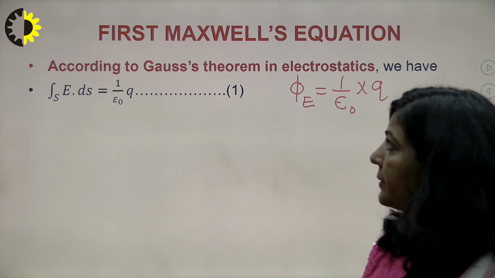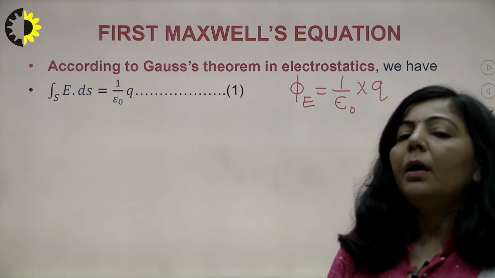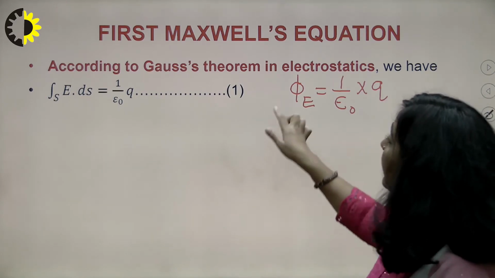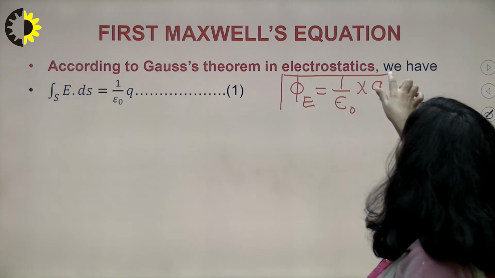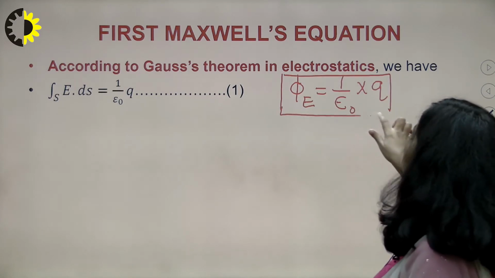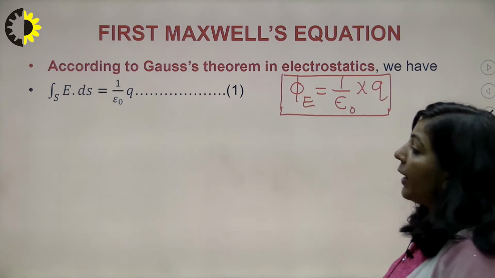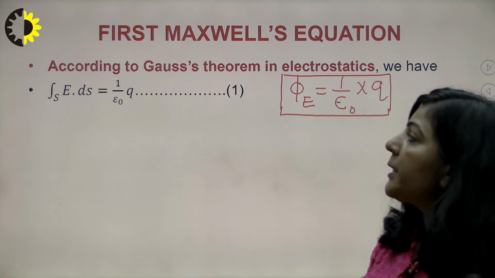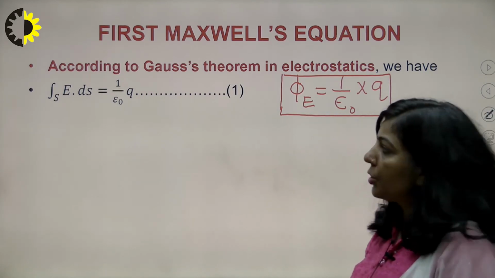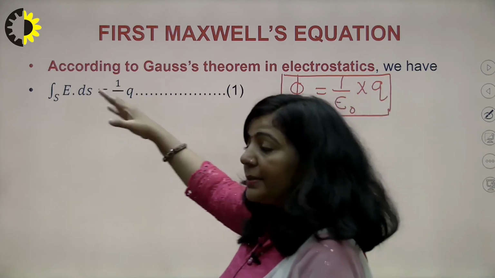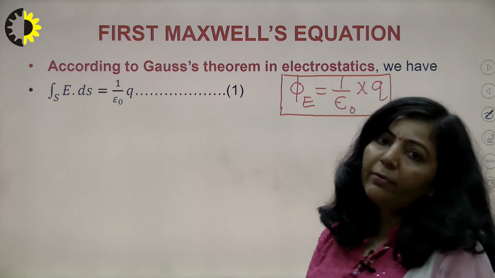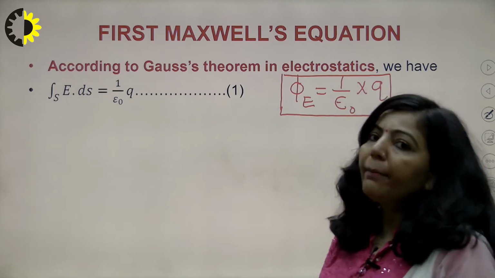Gauss law in electrostatics states that the total electric flux, represented by phi E here, over a closed surface is 1 upon epsilon naught times the total charge enclosed. Flux is the surface integral of E. So you can write Gauss law in electrostatics using equation number 1.